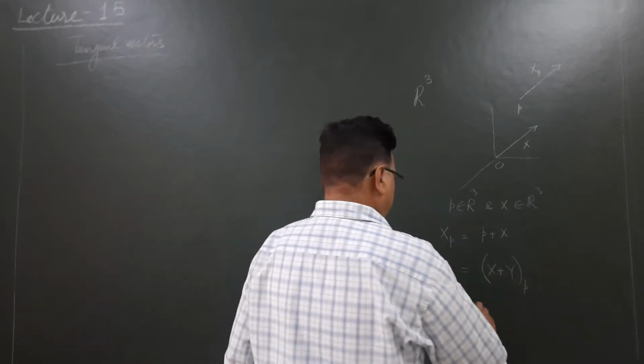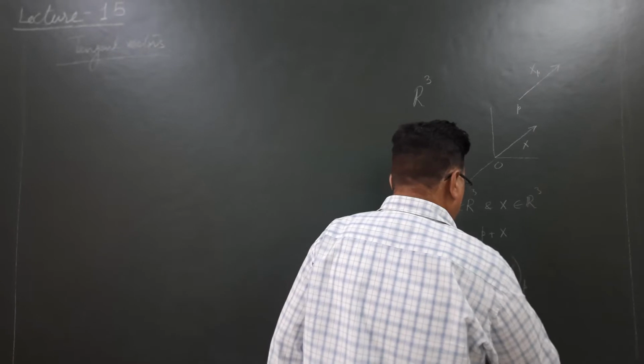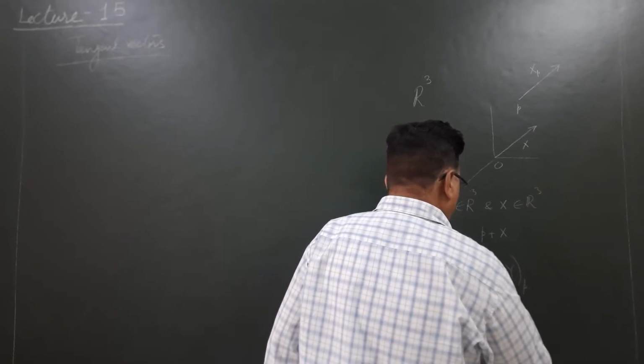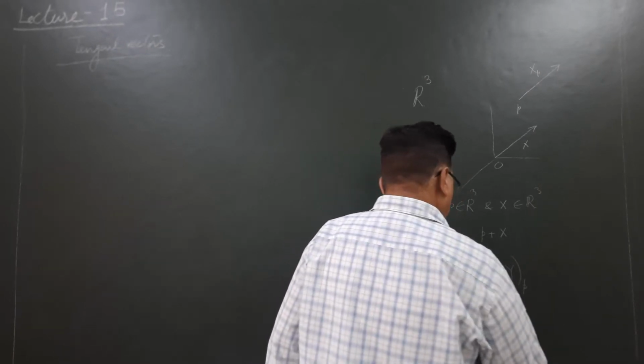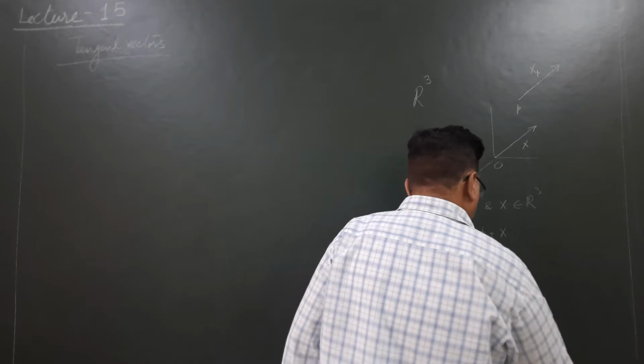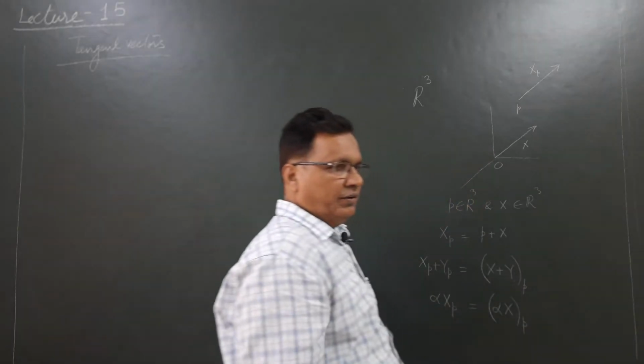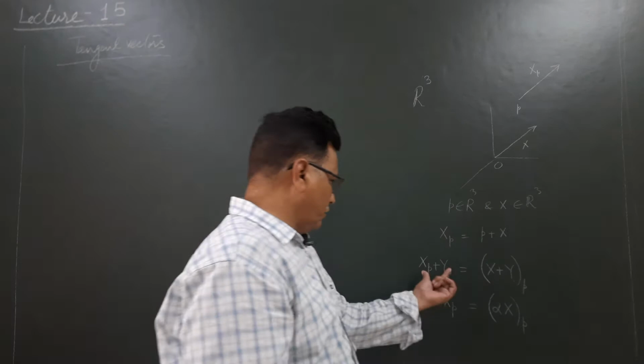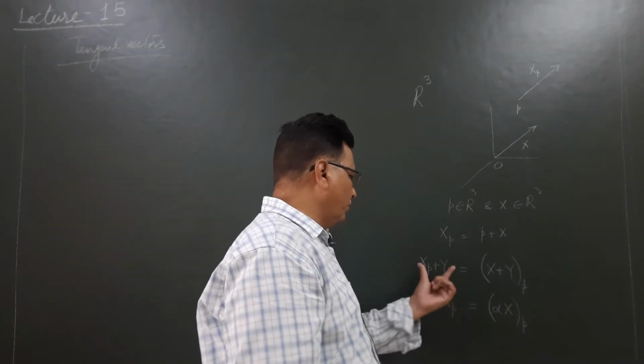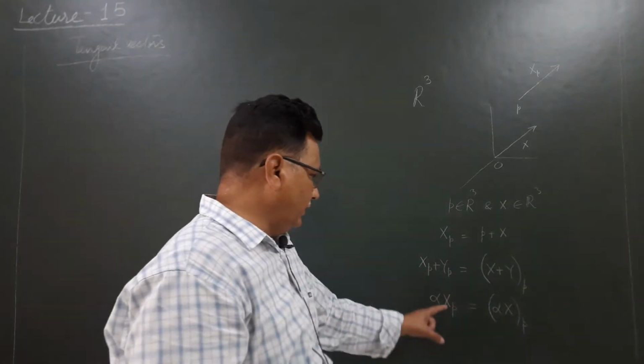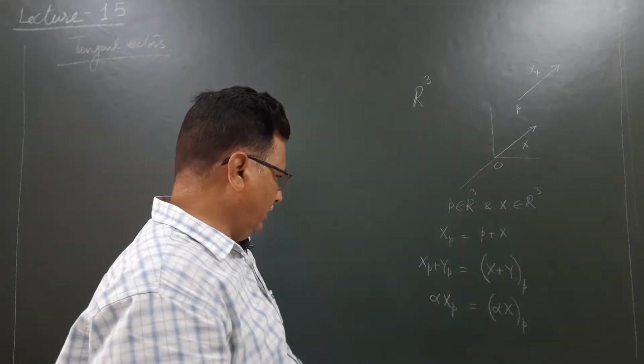And how will you define it? You take vector x, multiply it by alpha, and then translate it to the point P. So, these two operations give you the operations of a vector space, the addition and multiplication by the scalar.